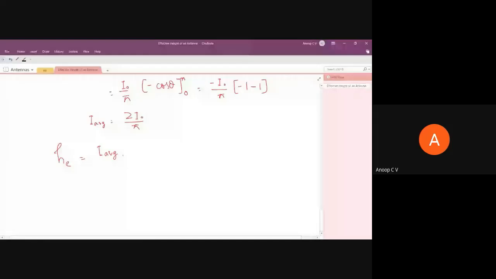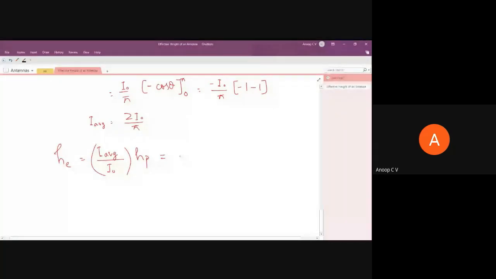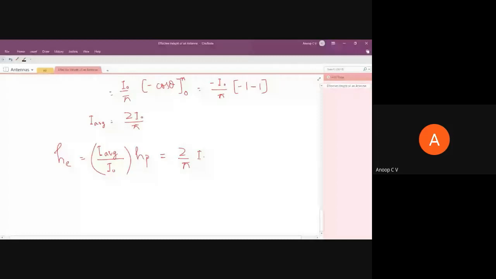So what will be HE? It is I average divided by I naught times the physical height. That is equal to 2 I naught by pi divided by I naught, so that will be 2 by pi times HP. So this will be approximately equal to 0.64 HP.